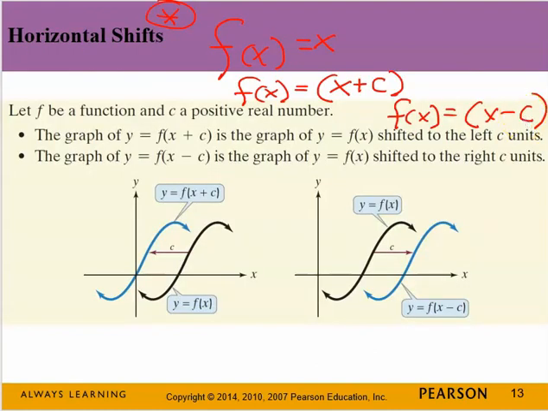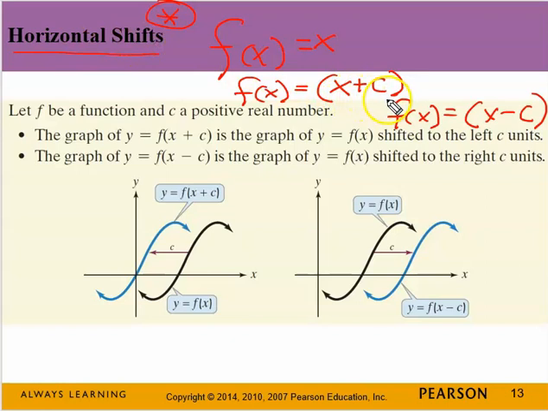Now, everything was pretty standard so far, but on horizontal shifts, it gets to be a little tricky. So I put like a little star here to be especially noted what we're going to be doing. So what we have here, and this is the tricky part, our black line is our original function, but we're going to horizontally shift it.